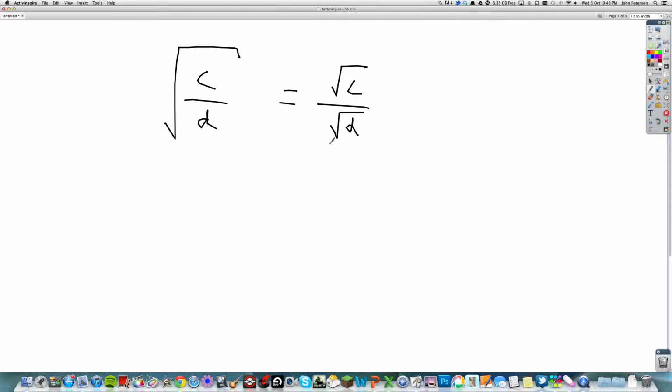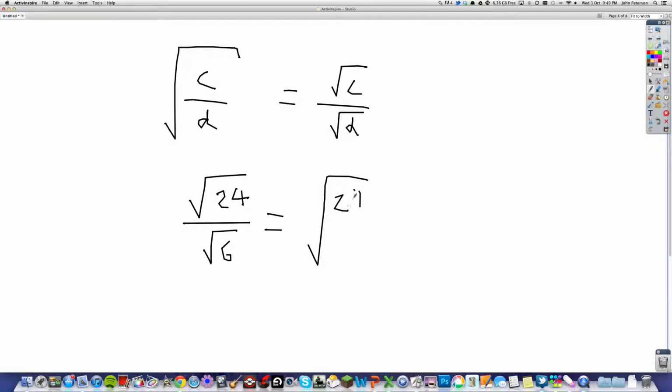For instance, if I had the square root of 24 all over the square root of 6, I could say that's equal to the square root of 24 over 6. I know that 24 divided by 6 is 4, so it's root 4, and the square root of 4 is 2.